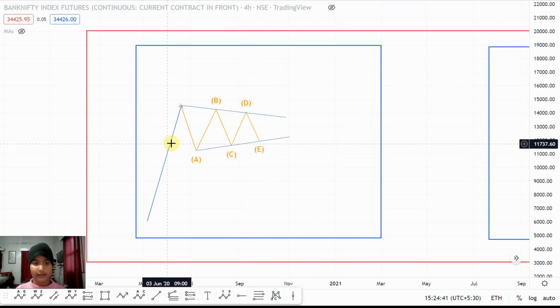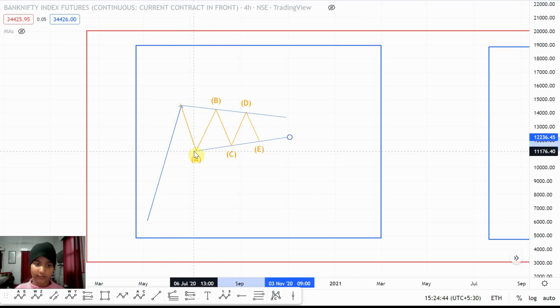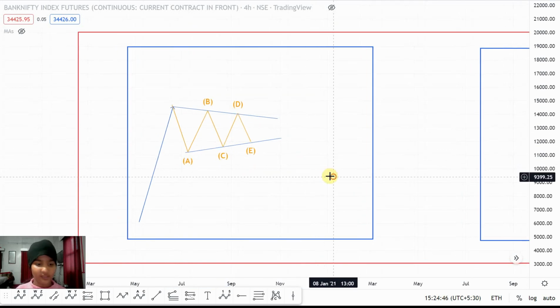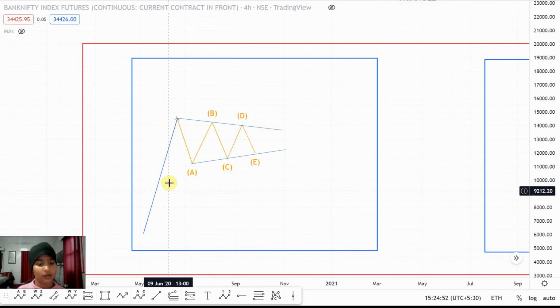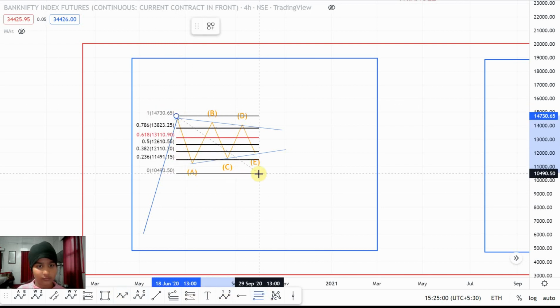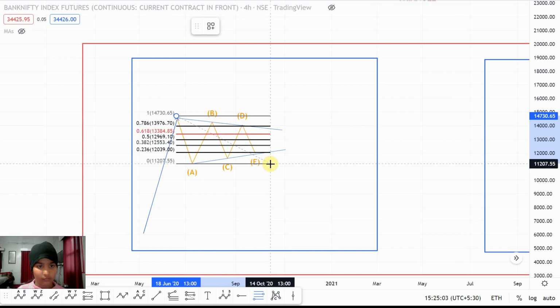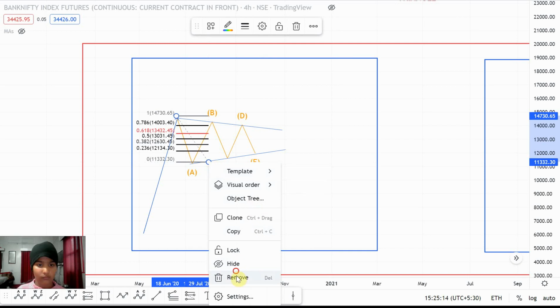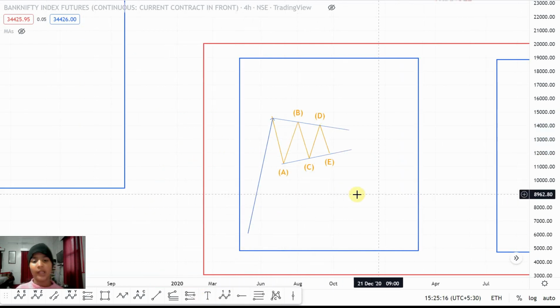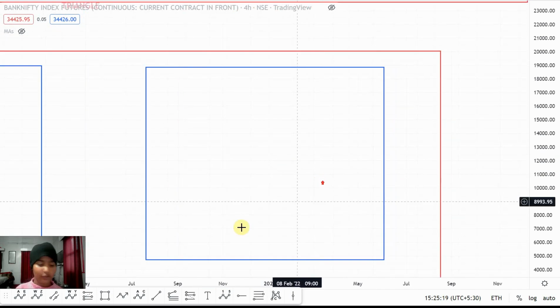This is where we usually get this triangle, and now I'll come over to our second triangle.